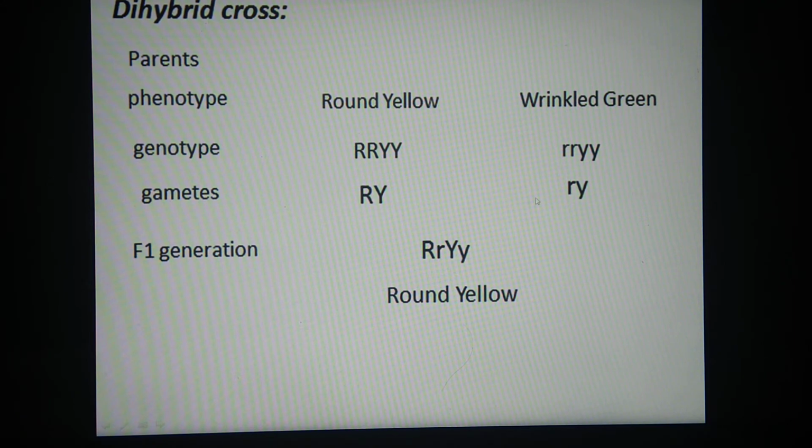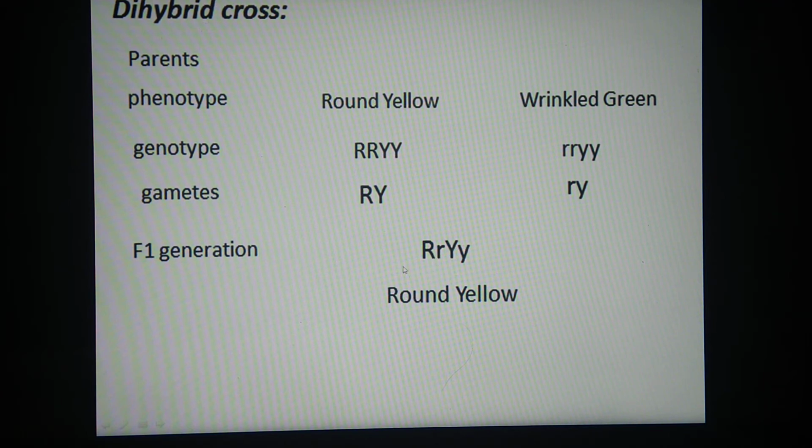Now, these gametes fuse together in the process of fertilization and result in formation of F1 generation. So, this capital R with small r, capital Y with small y, this is the hybrid condition for round and yellow seeds. We have studied that in F1 generation we got heterozygous condition, and in heterozygous condition one dominant gene is present, and the gene which is dominant suppresses the effect of the recessive gene, and that's why in F1 generation the plants will be getting rounded and yellow color of the seed.